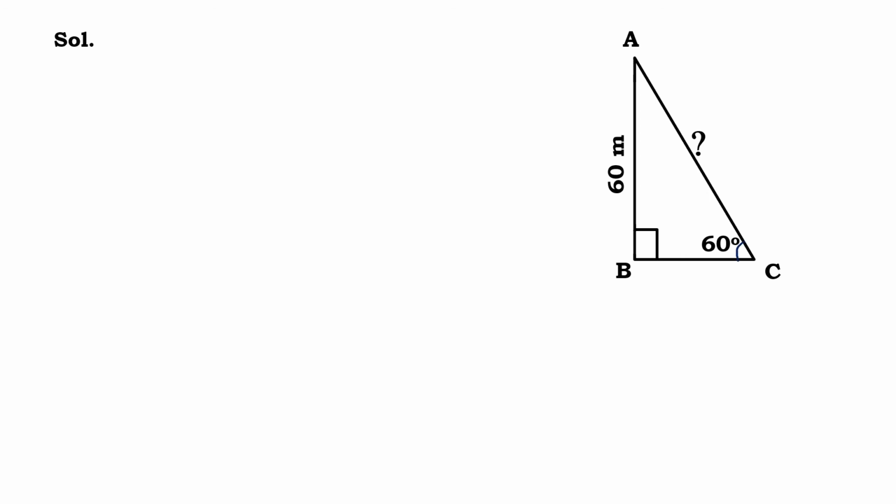We need to find this AC side. Now the side opposite to 90 degrees is the hypotenuse, the side opposite to the angle will be opposite, and the remaining side is adjacent.